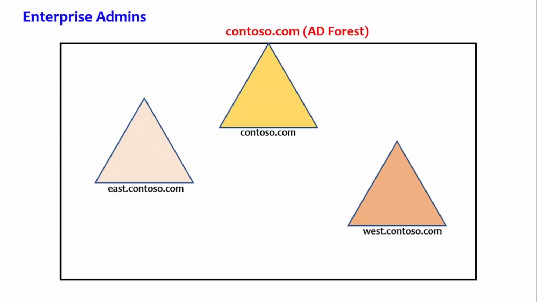So we have this contoso.com forest with 3 domains, and we have the enterprise admins group, which is a built-in group which gets automatically created in the forest root domain.